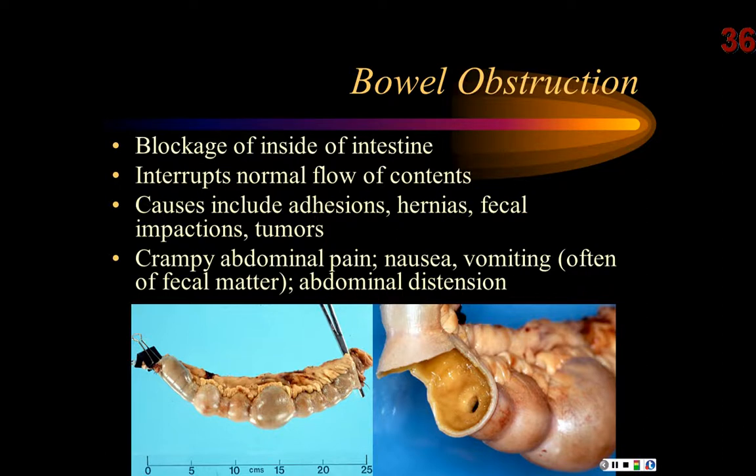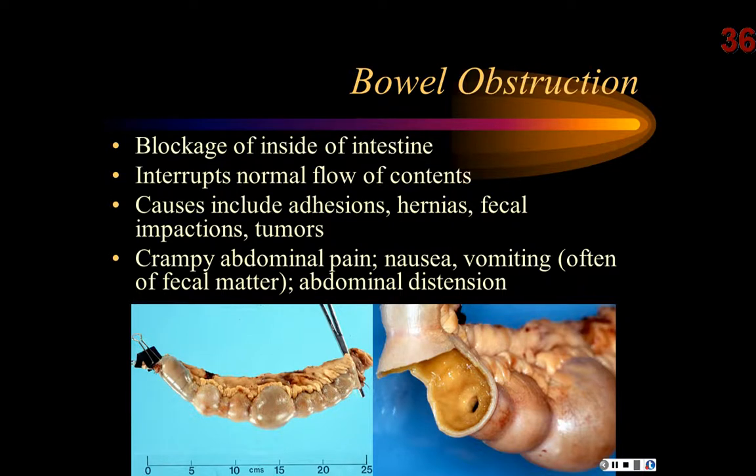So this is going to be that crampy abdominal pain, because remember, obstructions or blockages generally are crampy. Pain, nausea, vomiting. Yes, they can actually vomit fecal matter, and it has another horrific smell. But basically the body's got to get rid of it somewhere, and it's backed all the way up into the stomach.